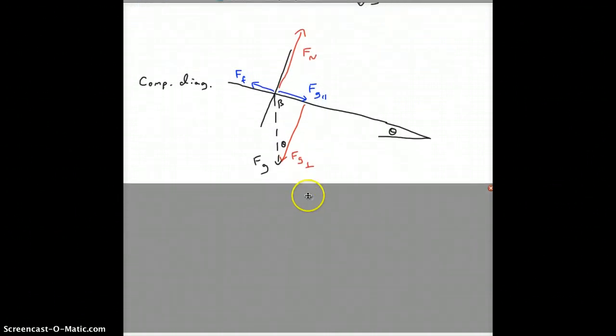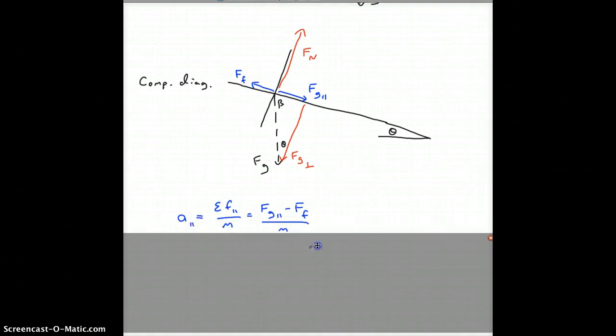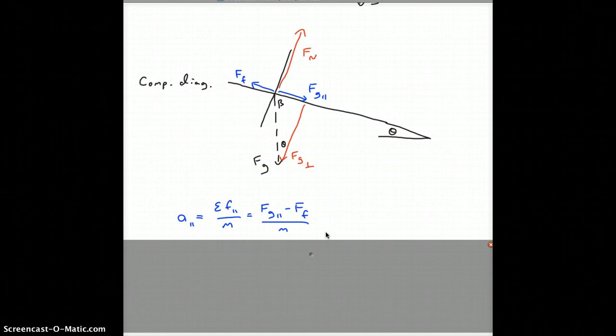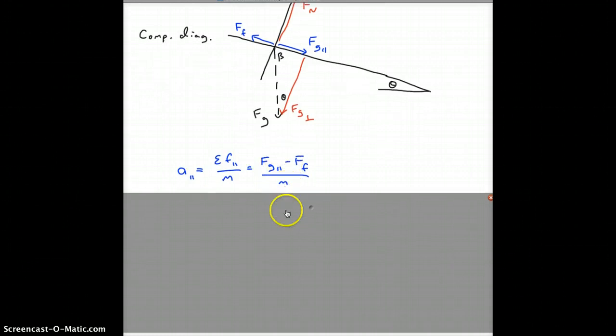Now that we have our component diagram, we can make it algebra. Here's a statement about the parallel component of motion. The parallel acceleration comes from the combination of parallel forces acting on the mass. The parallel forces are the parallel component of gravity minus the friction force acting on the mass. They're minus because they're opposite each other.